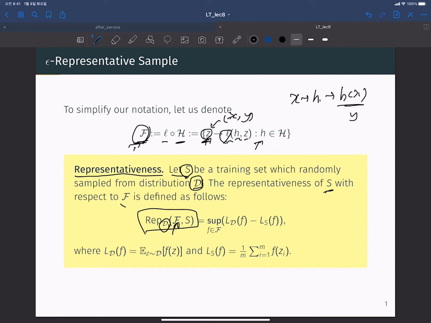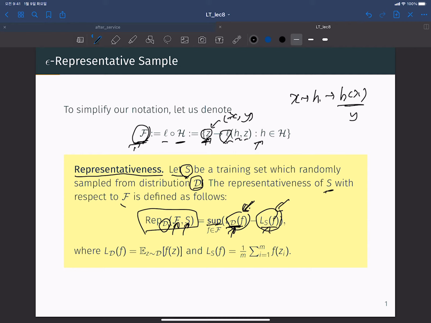This is the notation of representativeness with respect to the data generation distribution D, for the function class F and the training sample S. That is the supremum of L_D(f) minus L_S(f). This is the test error, the expected error with respect to the data generation process, minus the training error, the empirical loss value for given m training data points.